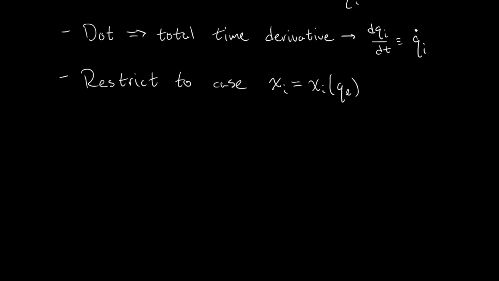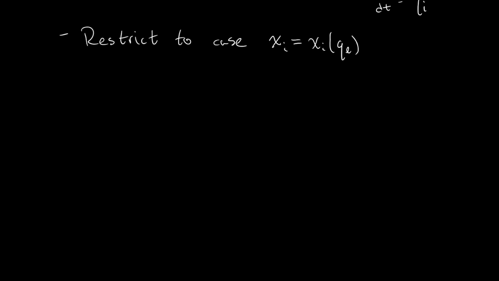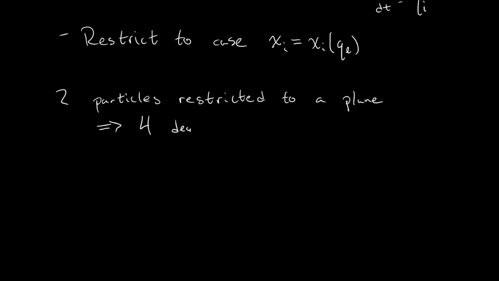If I have a particle moving in any number of dimensions, then each particle gives me a degree of freedom for each dimension. And if I have any constraints, each constraint gets rid of a degree of freedom. So say I have two particles restricted to a plane, then that gives me 4 degrees of freedom.